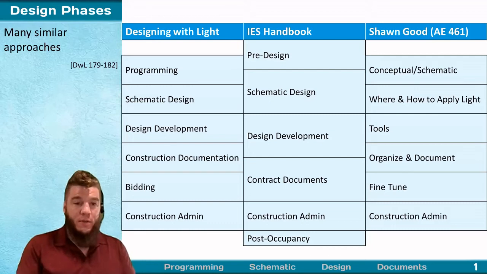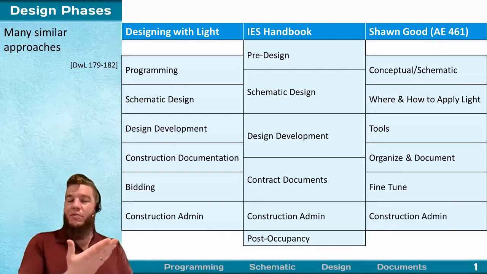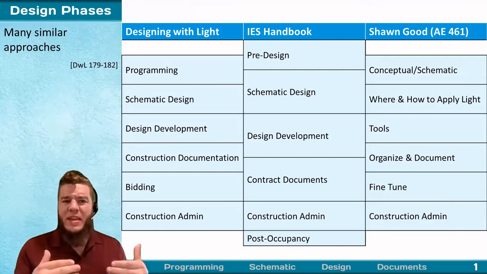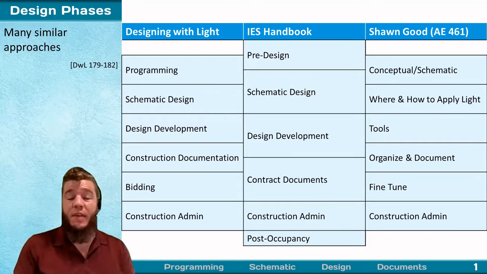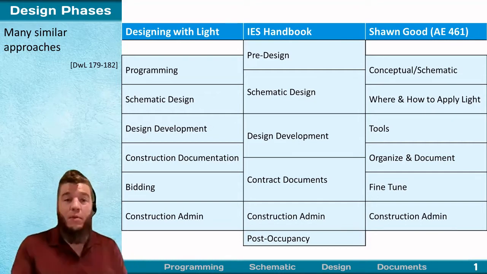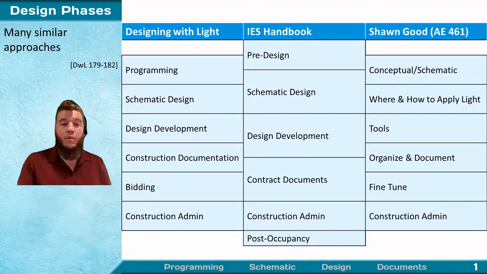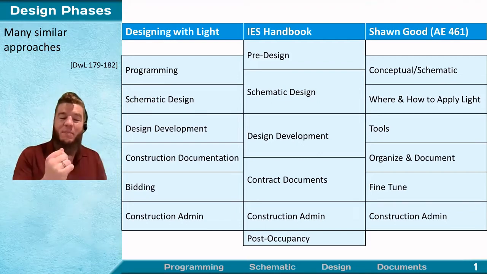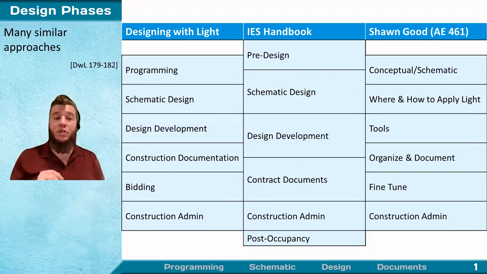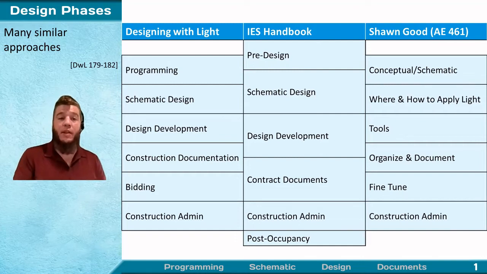First off, I want to include this clarifying slide. There are many similar approaches to the idea of architectural lighting design. And so you can see that here. And what I've done is I've tabled up everyone's distinct opinions on how this process should look and what we should label it.